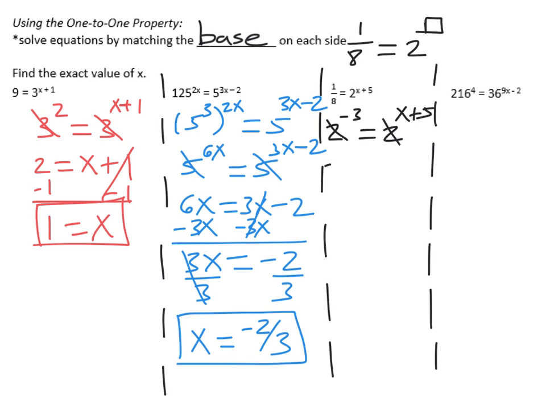We're back to our one-to-one property here. -3 equals x plus 5. Take away 5, take away 5. x would have to be -8.